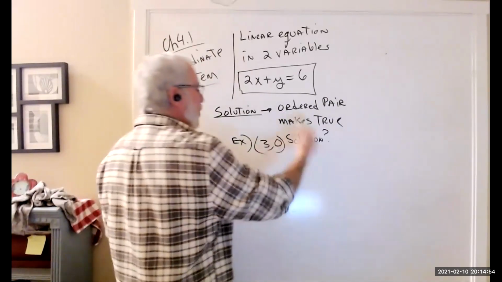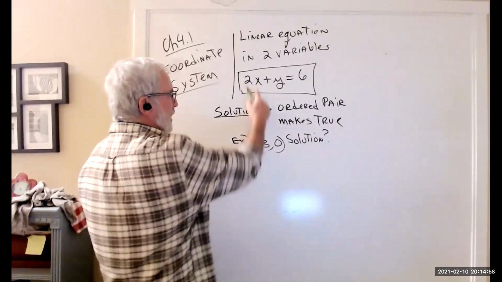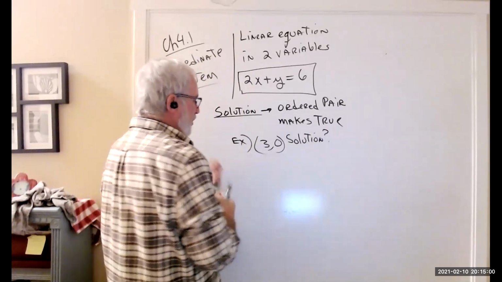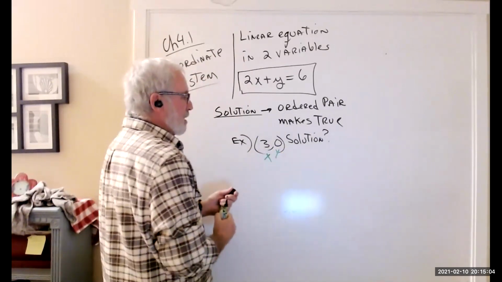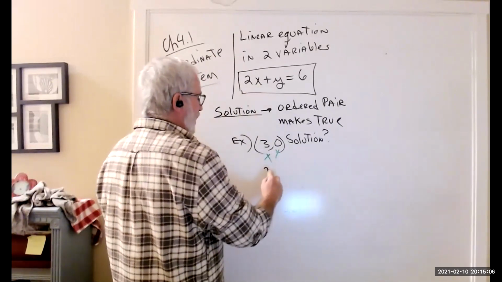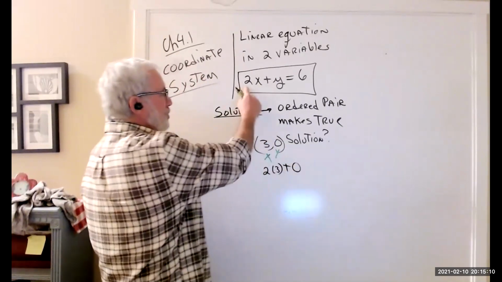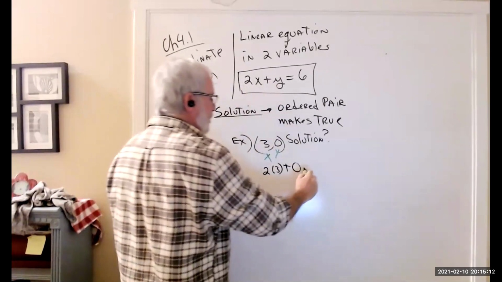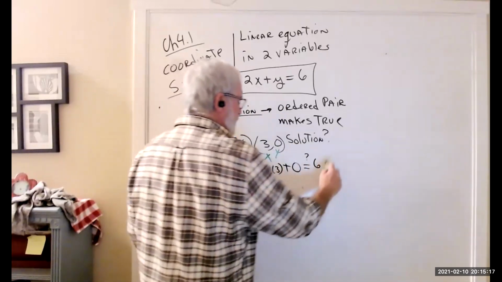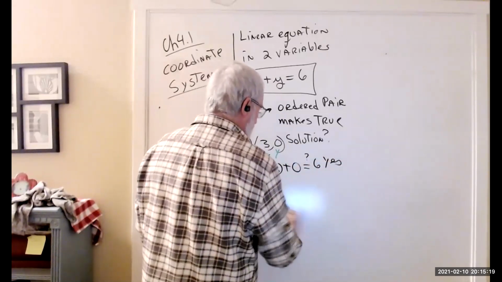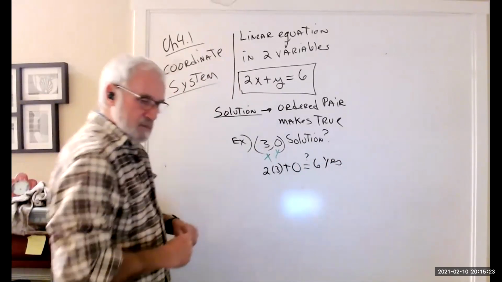When you plug it in, 3 goes in the x place. Remember, the first number is always the x, the second number is always the y. So when you plug this in, you have 2 times 3 plus 0. Does it equal 6? And the answer is yes. So is it a solution? Yeah. Is that okay with everybody?